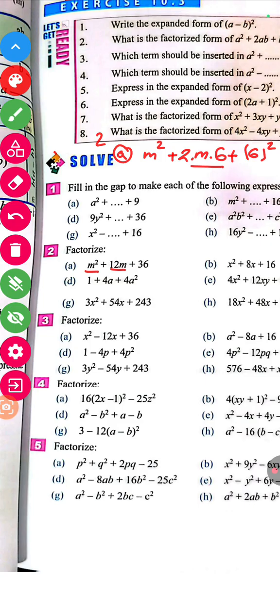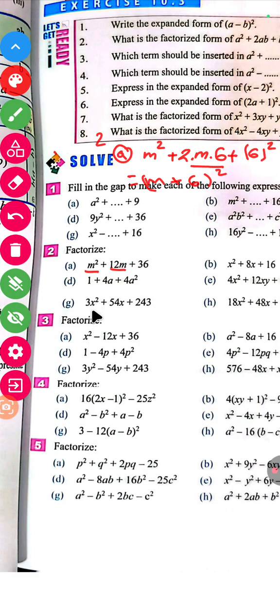So in these perfect square methods, when we write a square plus 2ab plus b square, it should match its previous step. Now let us see what we get here: m plus 6 whole square, a plus b whole square, a square plus 2ab plus b square.